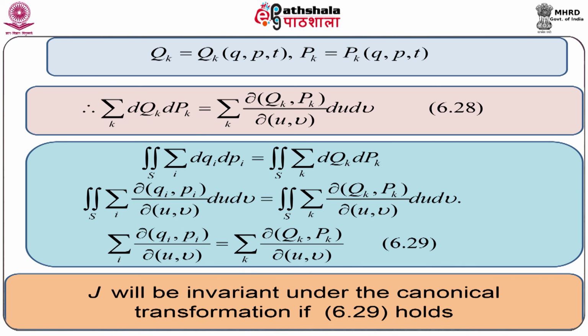Since the surface S is arbitrary, we have to prove this identity given by equation 6.29.